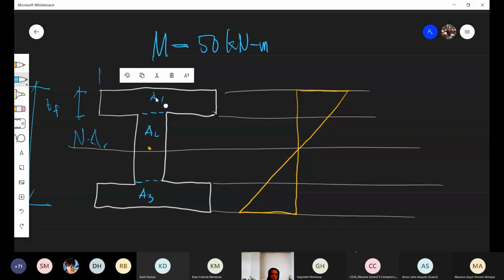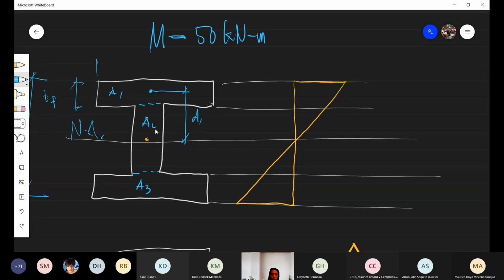So pananglitan ang A1. Let's put it here. The centroid of A1 is somewhere here. Di ba? The distance of that centroid to the neutral axis. So basically, the distance of the centroid of A1 to the centroid of the composite shape is this distance. Amin hiya ang D1, to indicate for area 1.